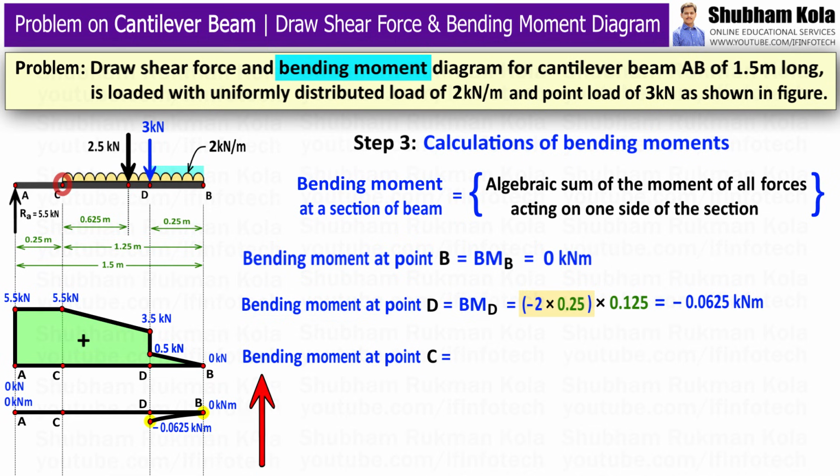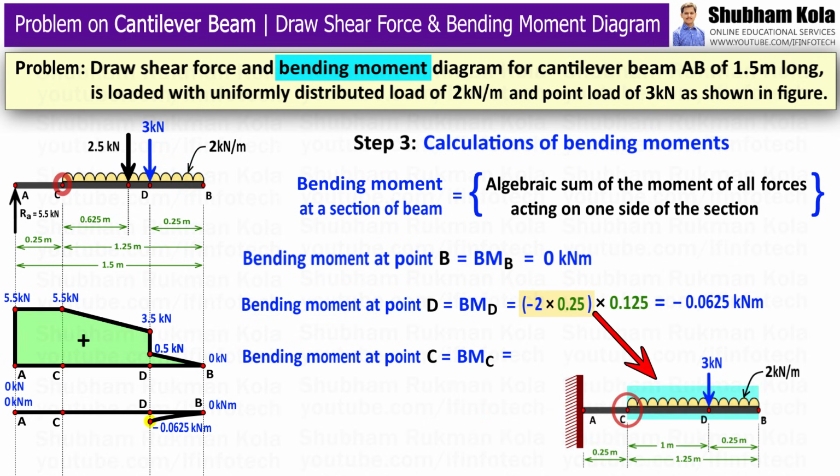Now next we have to calculate the bending moment at point C, that is BM suffix C equal to. Here at the right hand side of point C, there is a UDL of 2 kN per meter acting on the beam in the downward direction. Due to this, the beam shows hogging effect, and for hogging effect of the beam, I will consider this force as negative.